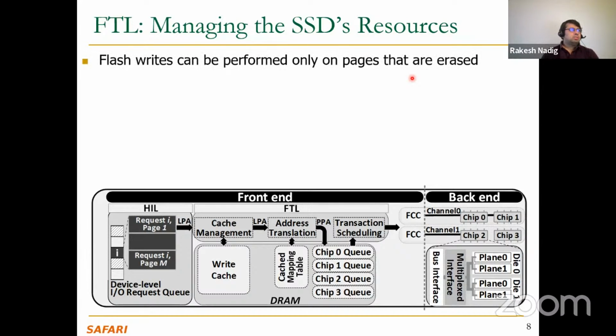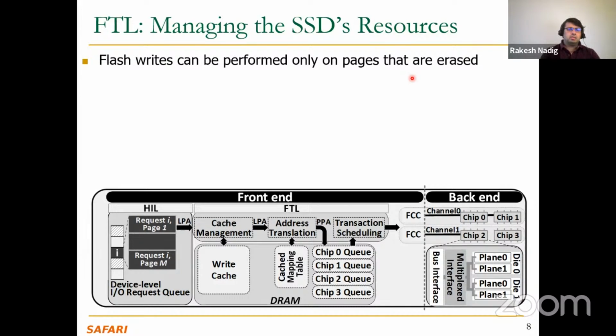Now let's look at the FTL in a bit more detail. As I said, the FTL manages the SSD's resources. And why do we need the FTL? The reason is that flash memory itself has an inherent limitation: any new write to a page should be preceded by an erase operation.